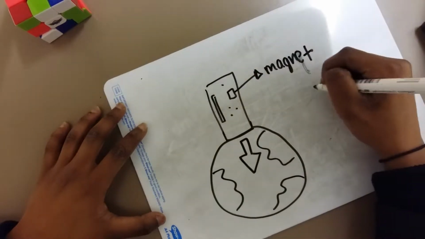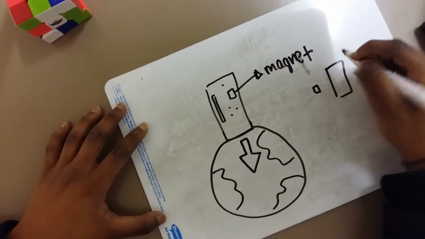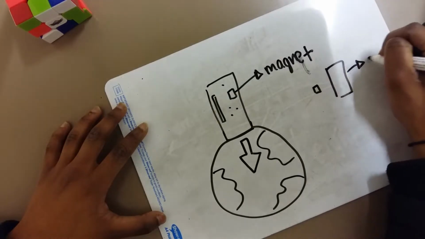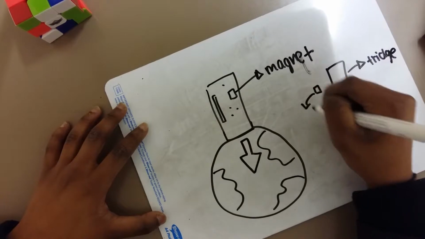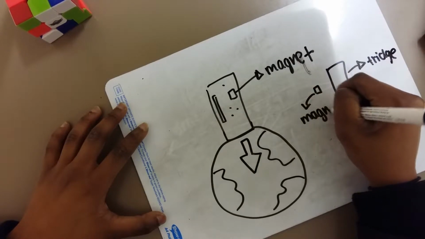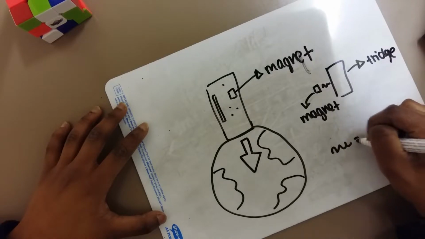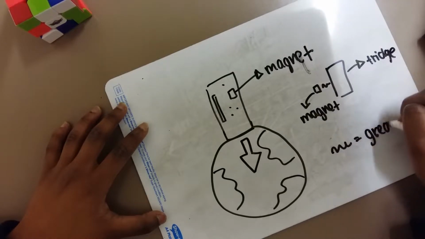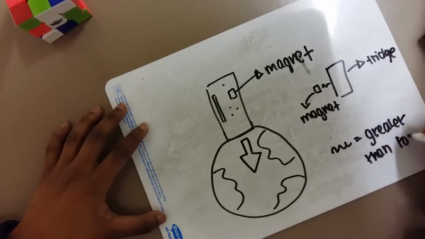This is fridge. This is magnet. That force between them is greater than the force of gravity.